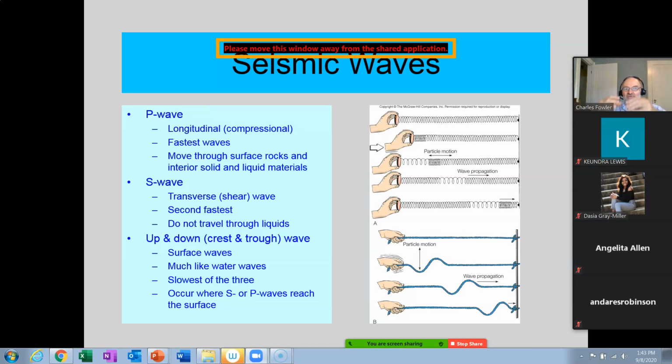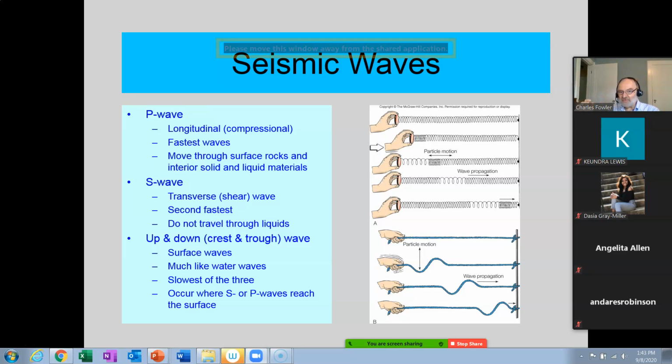What you'll notice is where the explosion happens, you start seeing a ripple effect going out. It could be in the soil, it could be in the dust, it could be in a liquid. It moves out just like that rock going into the water. Those are up and down, crest and trough waves, surface waves.